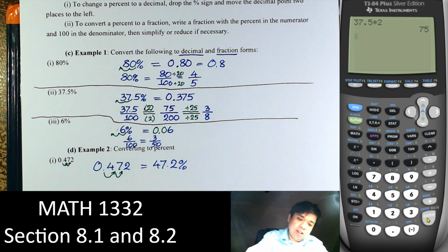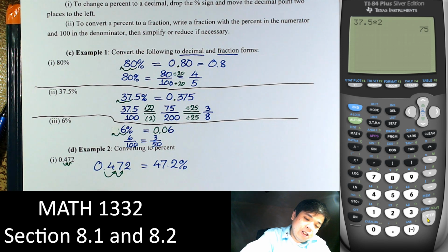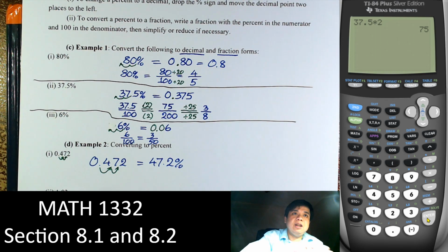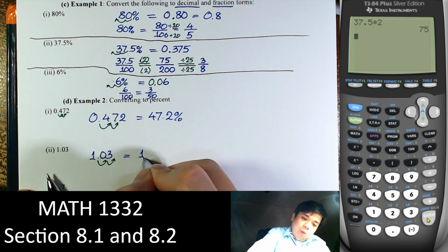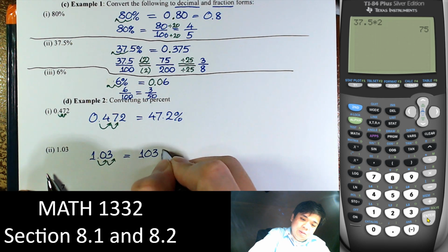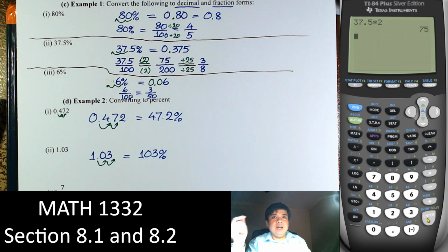Next one, 1.03, 2 places to the right, and then we have 103%. Move 2 places to the right and add the percent; remove the percent and move to the left.